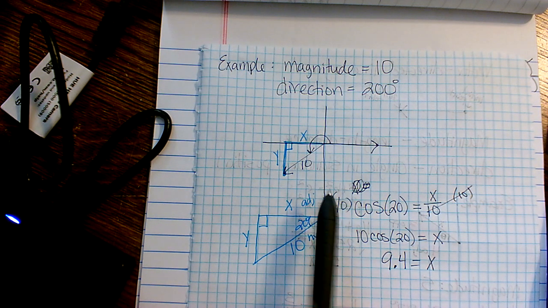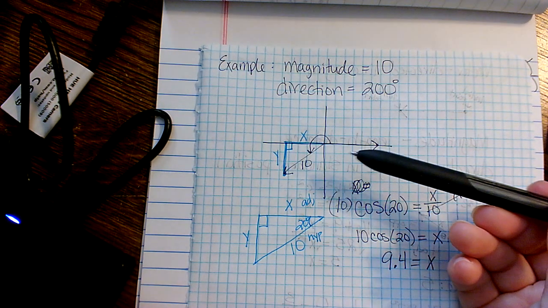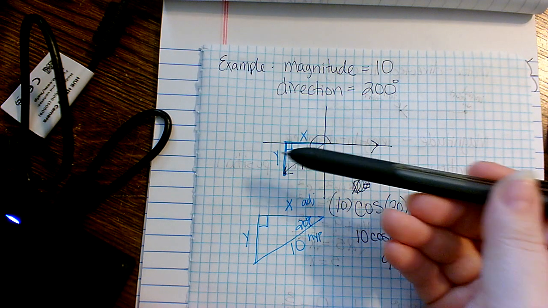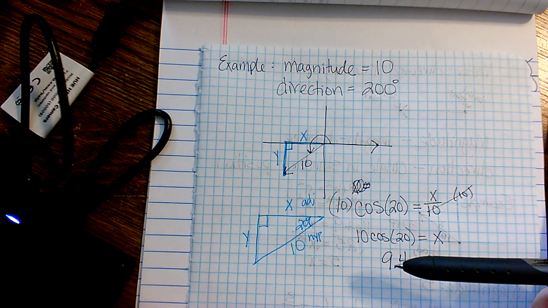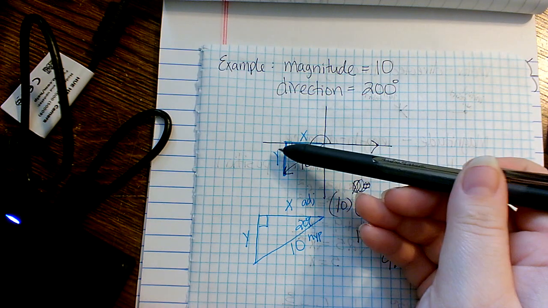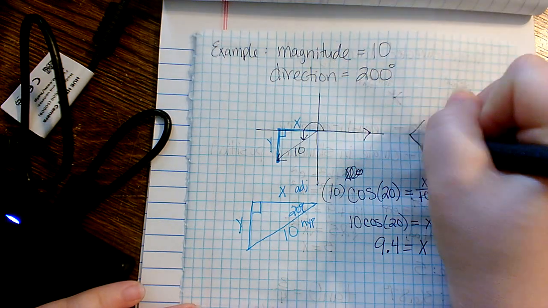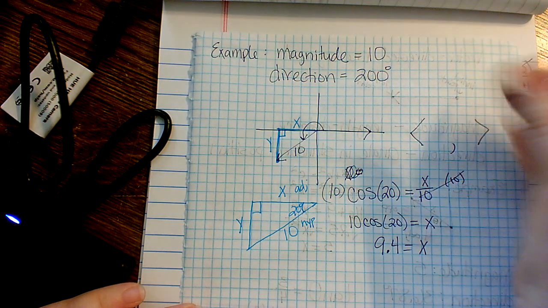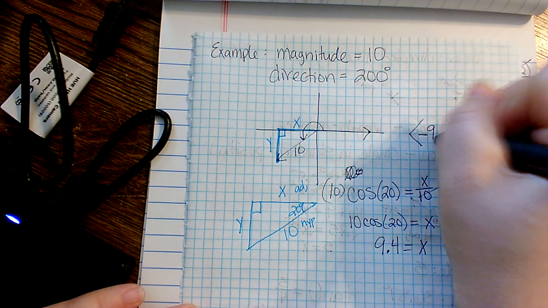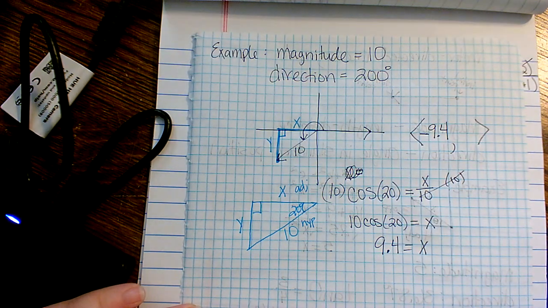Now we also need to look, if you notice, this vector, this x component, this is the negative x direction. So even though the calculator gave me 9.4, for my x component, that horizontal component, we know that because our vector is pointing this way to the left, that it's actually going to be a negative 9.4.